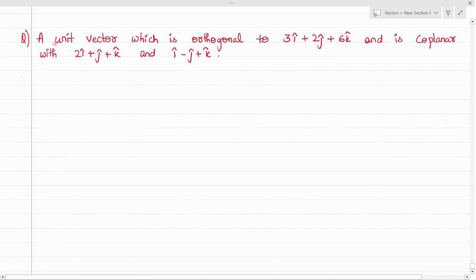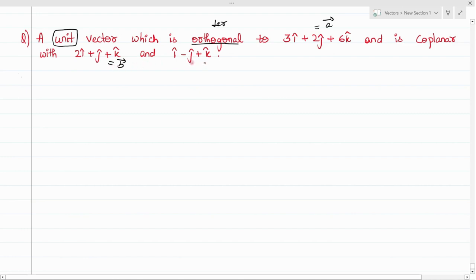In this question, it is said that a unit vector which is orthogonal, which is nothing but perpendicular, to this vector and is coplanar with these two vectors. If you remember, I've discussed a very important note: a vector is perpendicular to this vector, let this vector be A, and it is coplanar, which means lying in the same plane, with these two vectors.